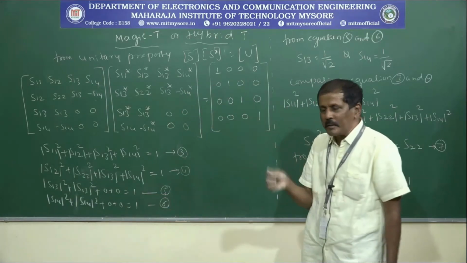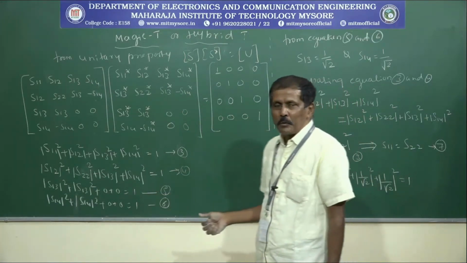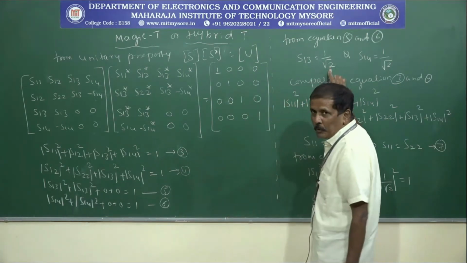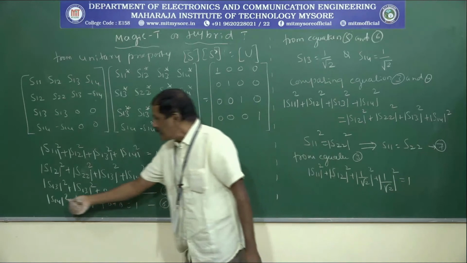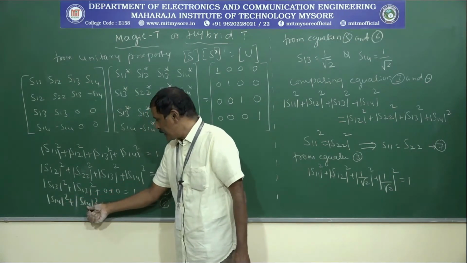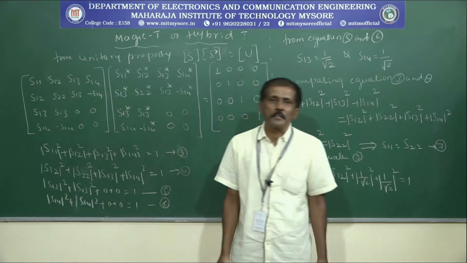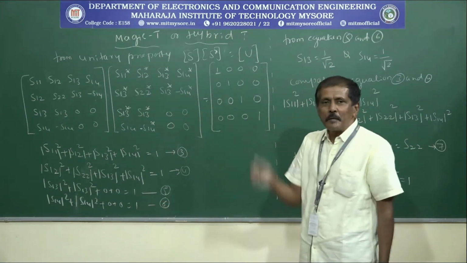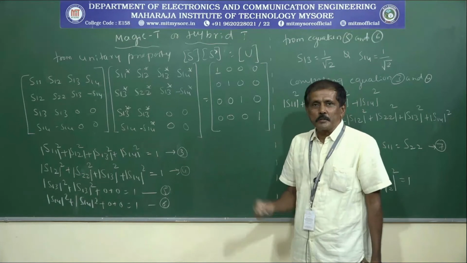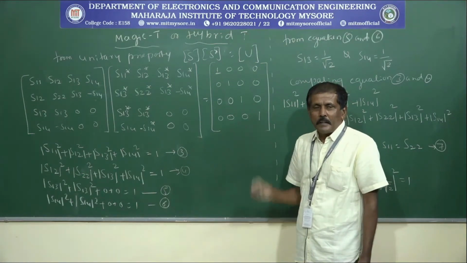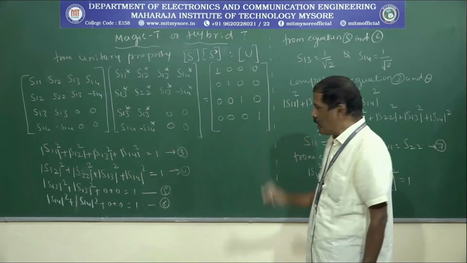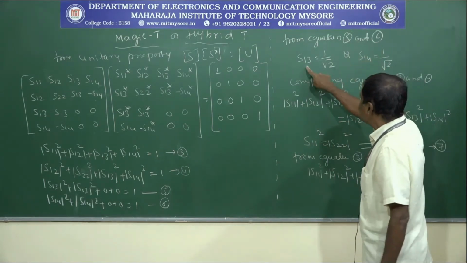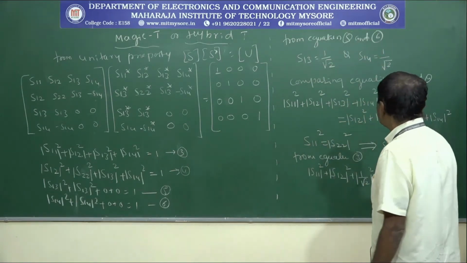Therefore S13 square is equal to 1 by 2, and S13 is equal to 1 divided by root 2. Similarly, S14 square plus S14 square is 2 times S14 square, which is equal to 1. Therefore S14 square is equal to 1 divided by 2, and S14 is equal to 1 divided by root 2. So from equations 5 and 6 we got these values.